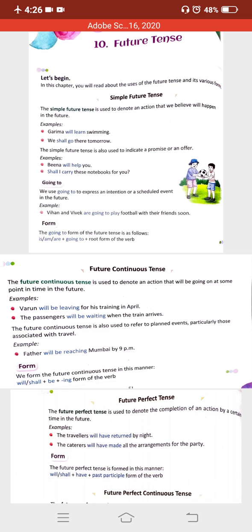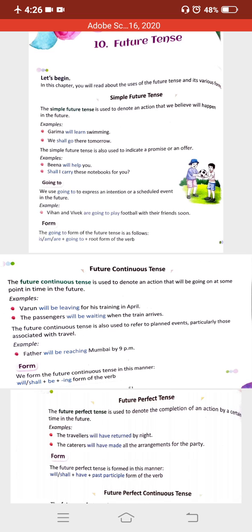For that we can use going to. For example, Vihan and Vivek are going to play football with their friends soon. Again, Vihan and Vivek are going to play football with their friends soon.